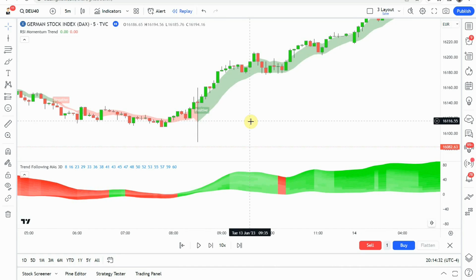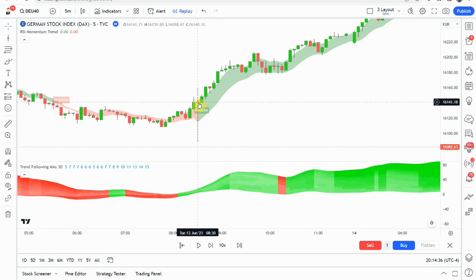What we are looking for is when the RSI momentum trend indicator gives us a positive tag right here for a long trade. Then the next candle, we want it to be a bullish candle. It doesn't necessarily have to be a green candle or a big green candle. It just needs to not be, say, a big red candle.